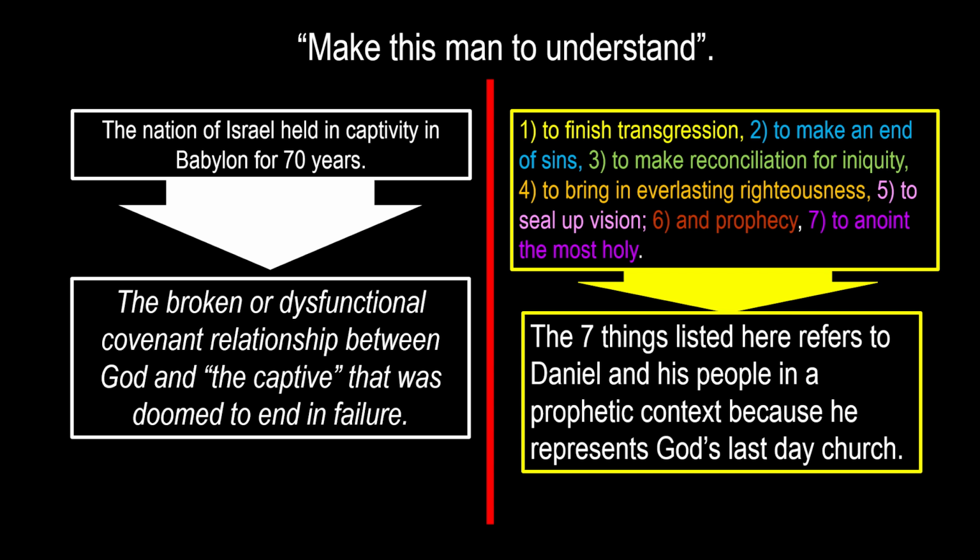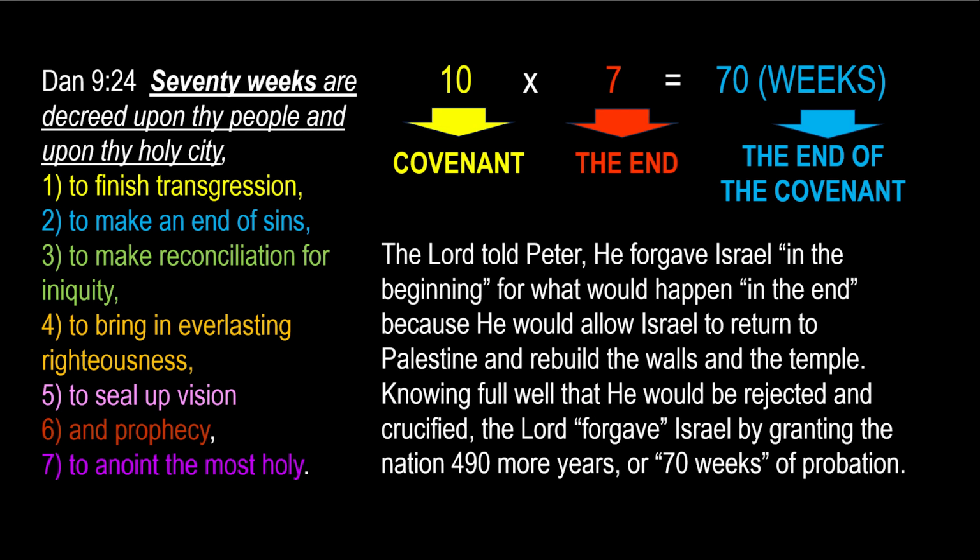The point of the prophecy is the city and the people that occupy it. If the city is destroyed, the point is made that the people have fatally broken their covenant relationship. The Lord told Peter 490 was the measure of his forgiveness.